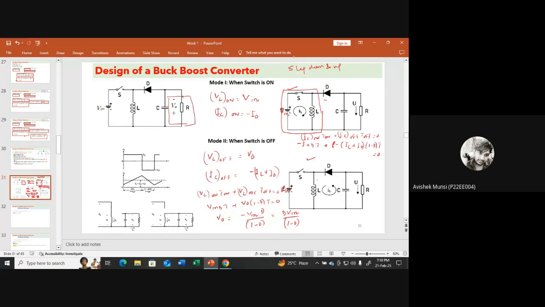We solve it, and we will see that the average inductor current will be I0 by 1 minus d. So if the polarity is reversed, then it will be IL equal to I0 by 1 minus d. Okay. Fine.